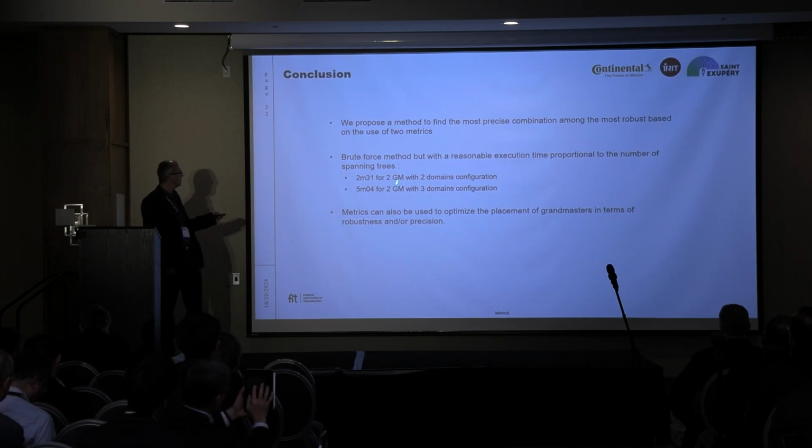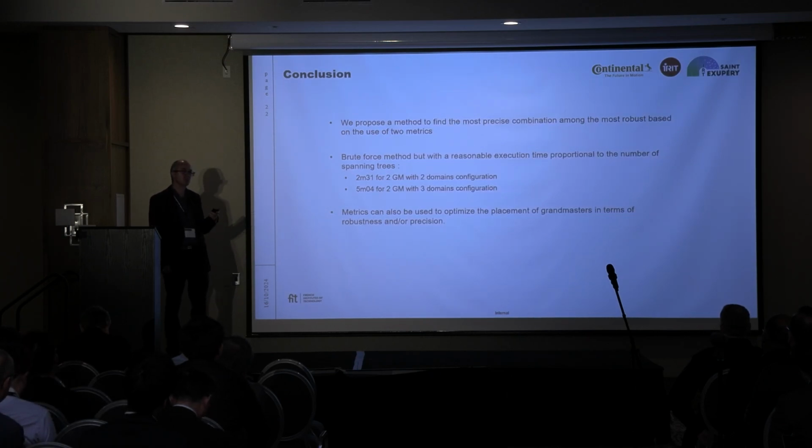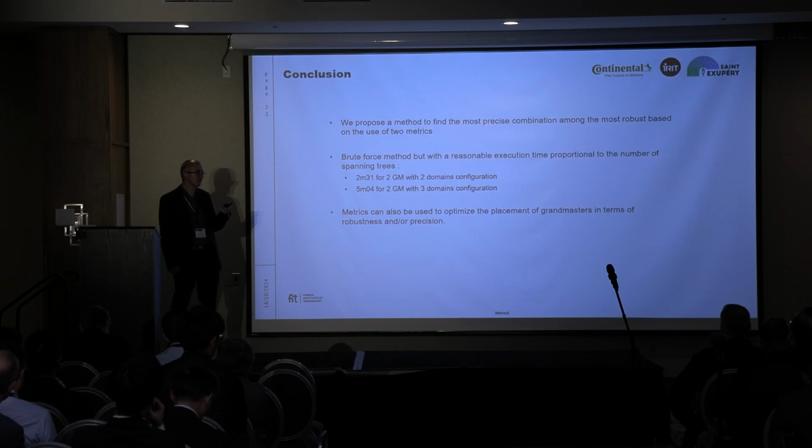But keep in mind, this is not something which needs to be done in vehicle operation. This is something you do once when you design a network. You design the next IDN, and then you can run this approach which we proposed and get the best possible set of spanning trees and the spanning tree configuration and placement out of all the possibilities you can think of.